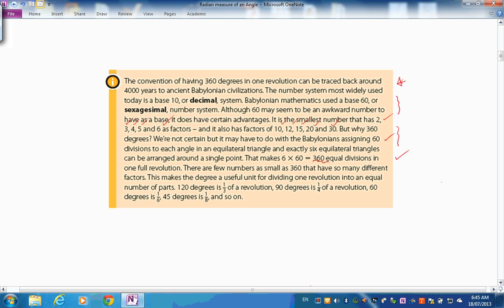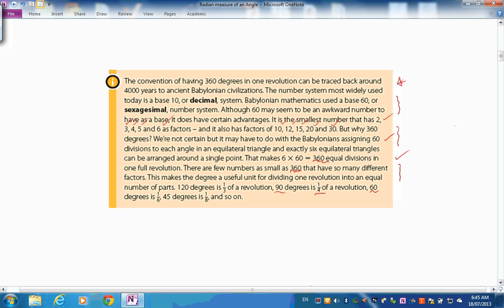No one's actually sure about why it turned out that way. But anyway, there are few numbers as small as 360 that have so many different factors. And so you could divide a revolution up into quarters, that'd be 90 degrees, or a 6th, which would be 60 degrees.